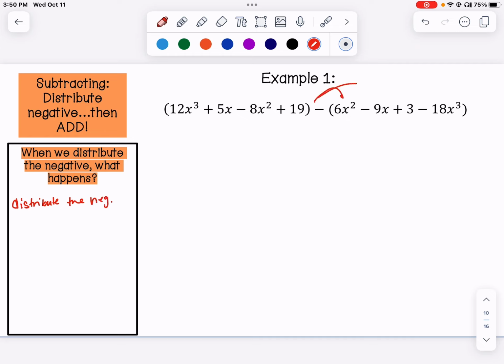That means we're going to take the negative to every single term in the parentheses behind it. What that really means is the sign of every term in the polynomial behind the negative switches.